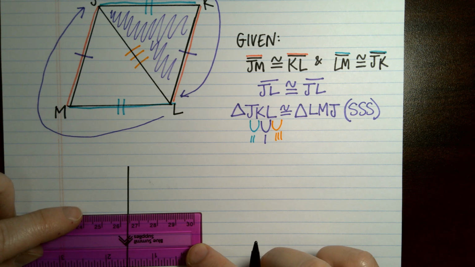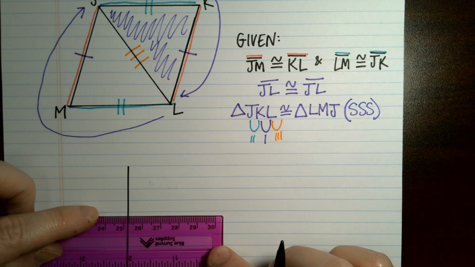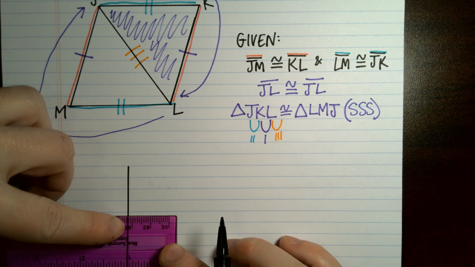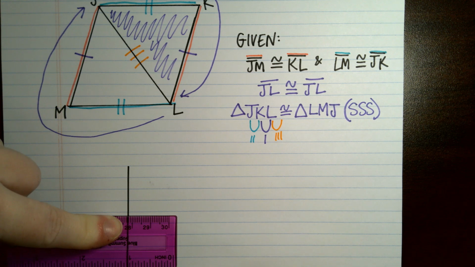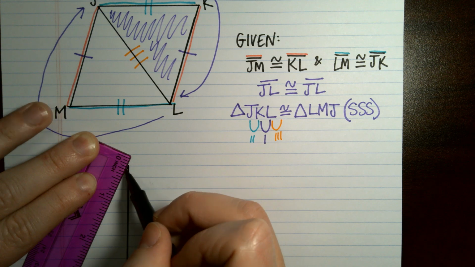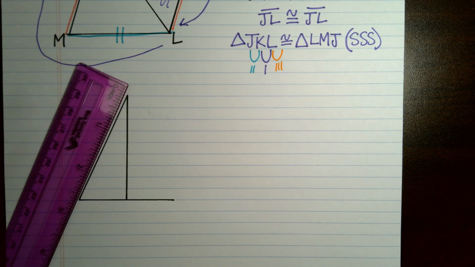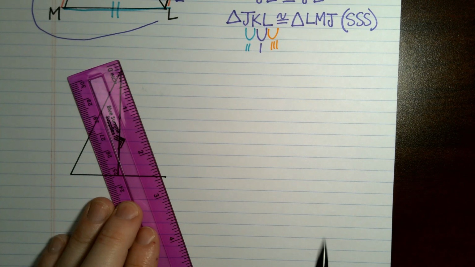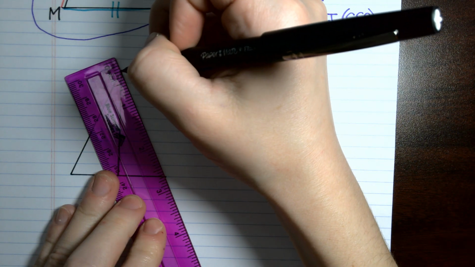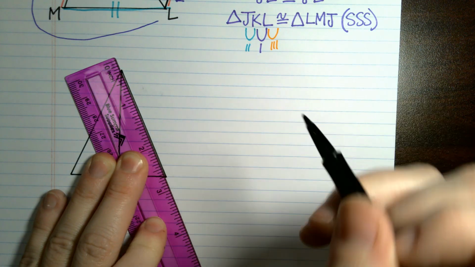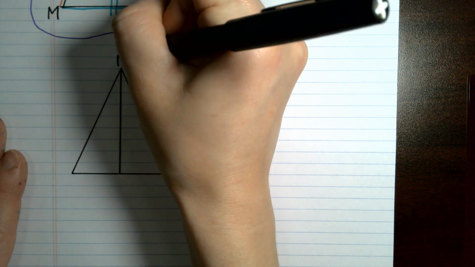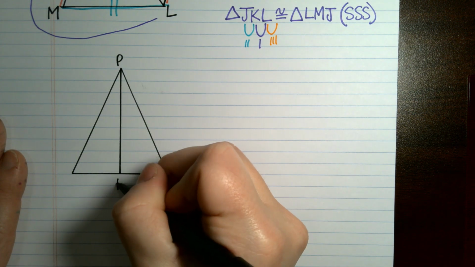I'm gonna do a 2-inch line here. And then I'm gonna connect my two triangles like this. We're gonna name this P, Q, R.